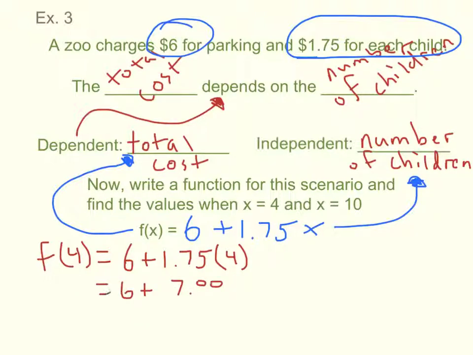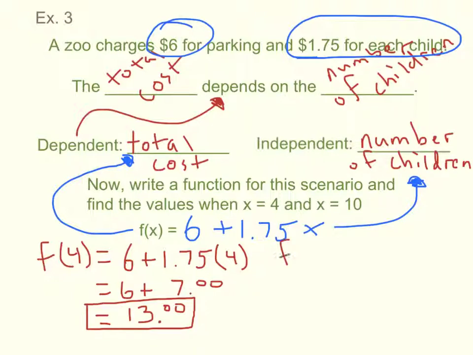So I know this is going to be 6 plus 7, which if we add that all together, I get a total of $13. Not bad to go to the zoo. So that's one of my answers. I know that when x is 4, y is 13.